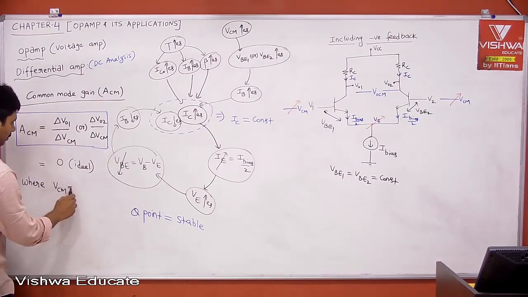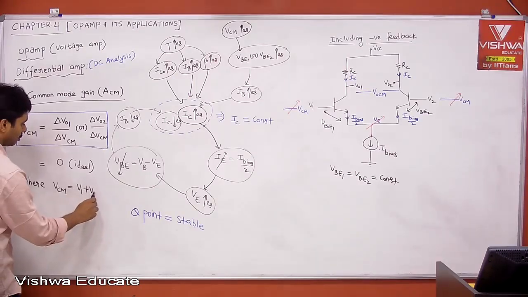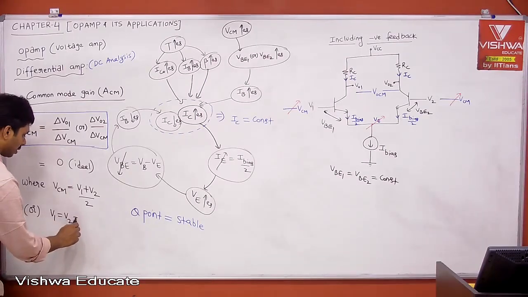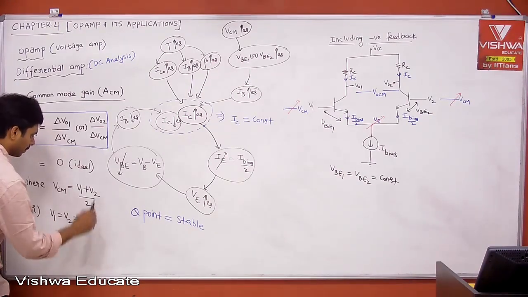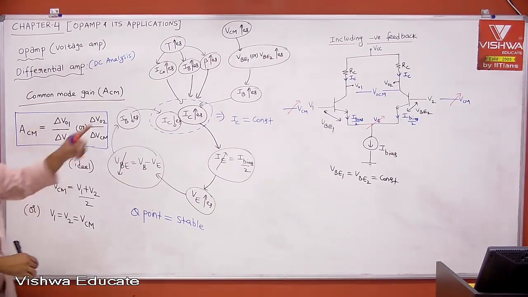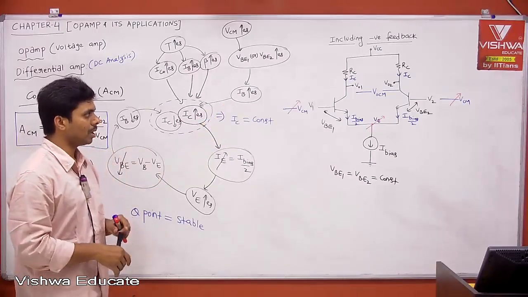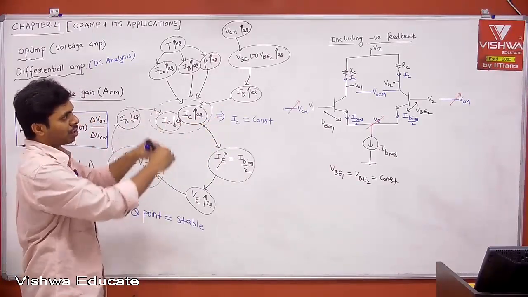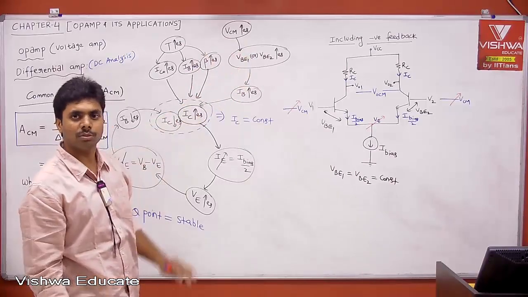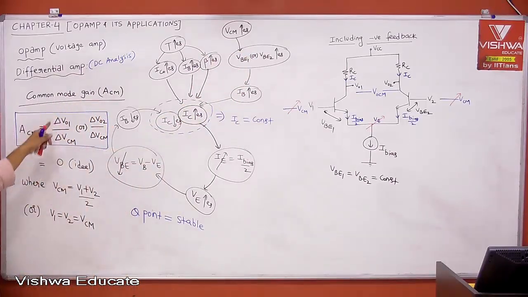In this example, when both are shorted and you vary the common mode voltage, what is the change in either V01 or V02? We are expecting zero change. Therefore, common mode gain is equal to 0.